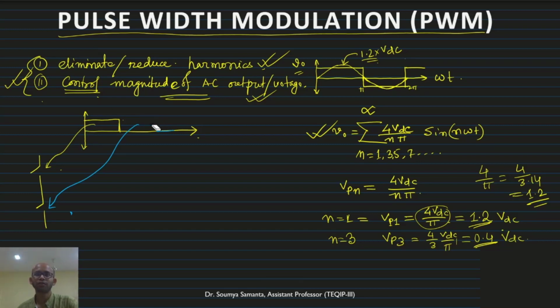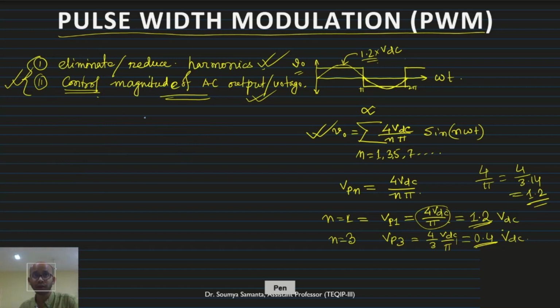Now in that case it will not be a square wave, it will be a stepped, pulsed waveform. This width control is called the pulse width modulation technique. We have various types of pulse width modulation techniques. If we have a single pulse per half cycle, we call it single pulse modulation.